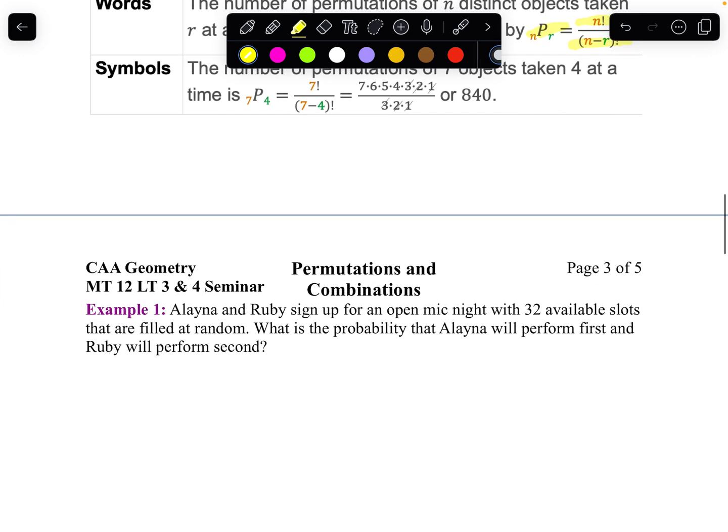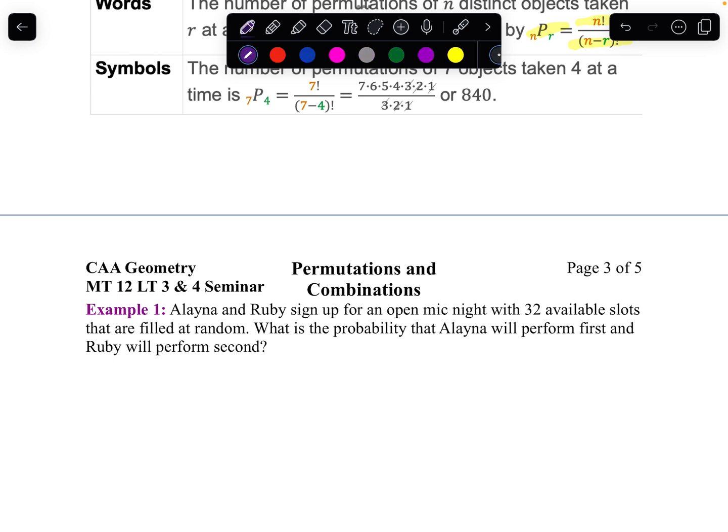Now let's take a look at a problem here. We have Elena and Ruby. They're going to go to open night, along with 32 people, and those slots are going to be filled randomly. I want to know the probability that Elena will perform first and Ruby will perform second.